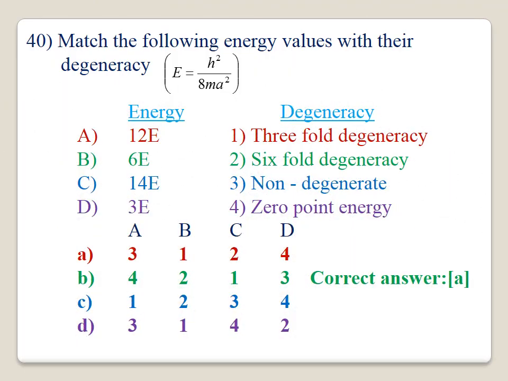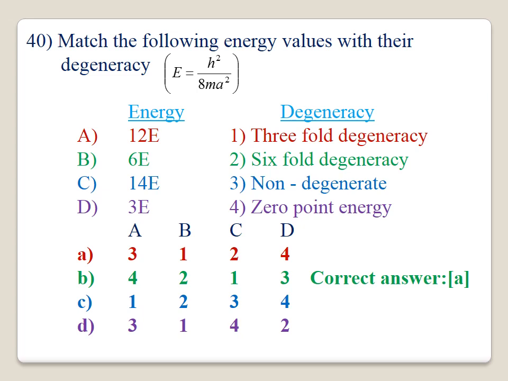Match the following energy values with their degeneracy. On one end we have energy and on the other end we have the degeneracy. If we consider 12E, the 12E energy level is a non-degenerate energy level. For A, the correct option is 3.